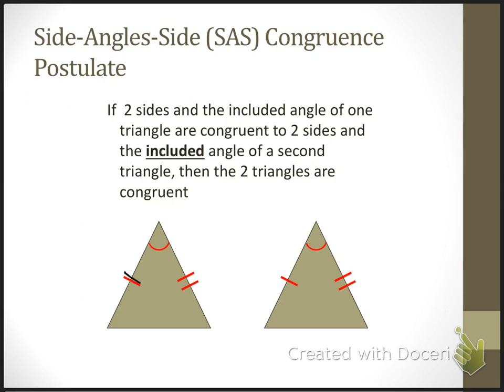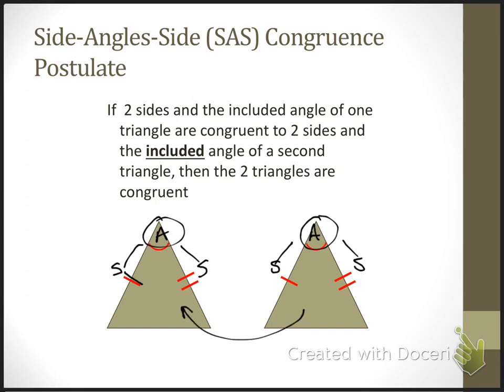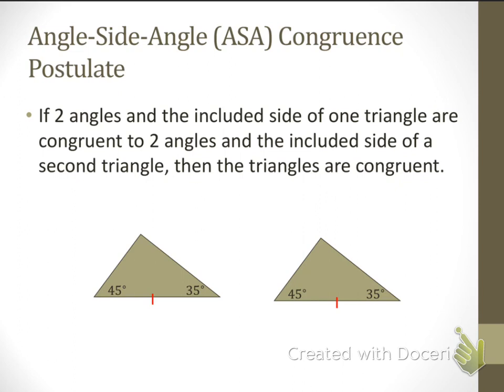So if you see here, we have the tick mark, that's my side, we have my angle, and we have a side. A side, an angle, and a side. And the angle here is included. It's in between the two sides. That is enough to say that my two triangles are congruent to each other. Again, this triangle would fit exactly on top of that triangle. So that's our second type, side-angle-side.